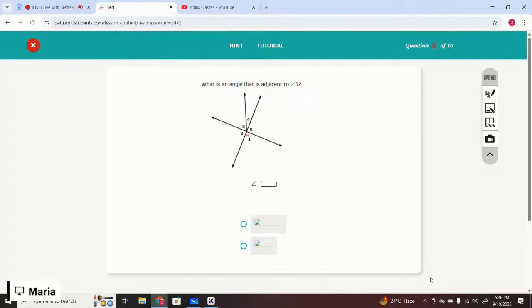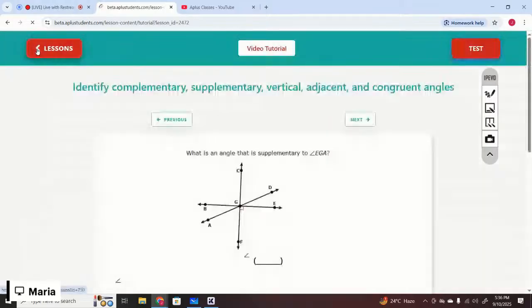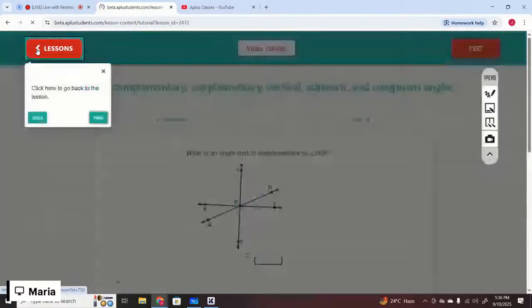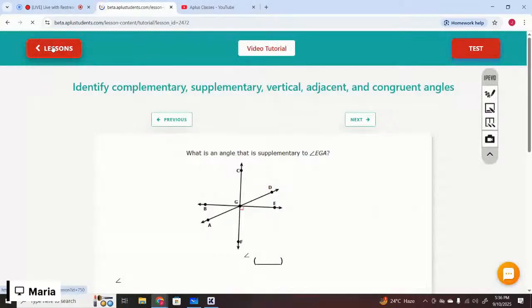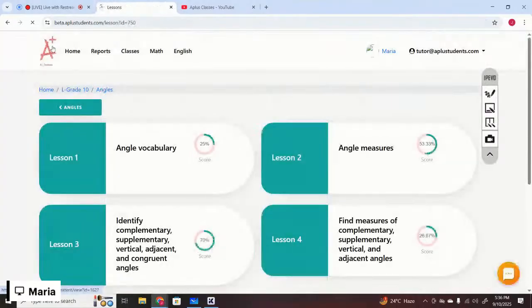Okay, just 1 minute. Let me inform the admin about this issue. That is grade 10 math. Chapter is angles.